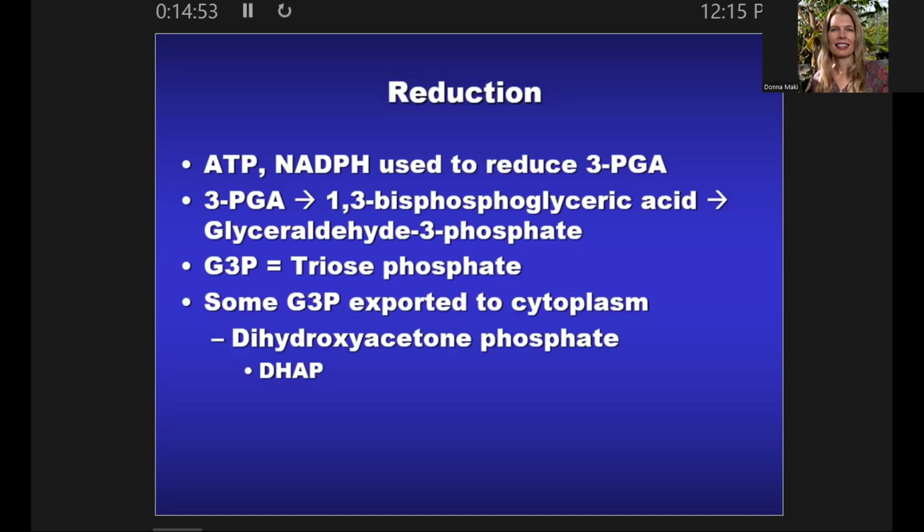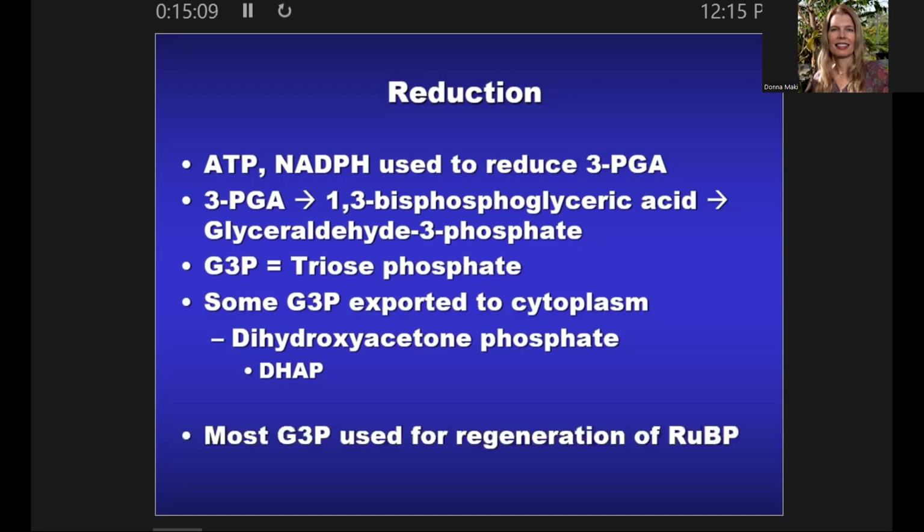So we'll look at that later, but you're going to see that it can devote some of the G3P that's building up, get it out into the cytoplasm. And actually, that's where you're going to start to see the actual sugar getting made, in the cytoplasm. But most of the G3P that gets made will continue on in the Calvin cycle, stay in the stroma of the chloroplast, and it's necessary to finish off the Calvin cycle.